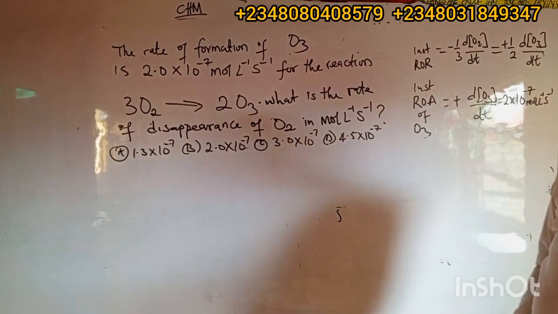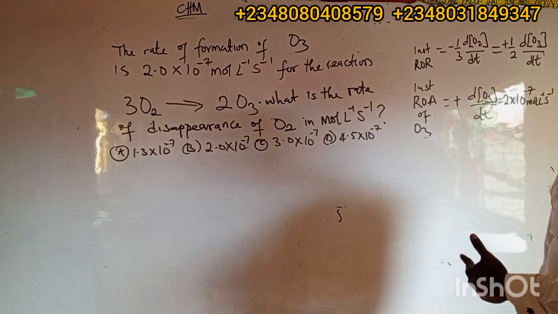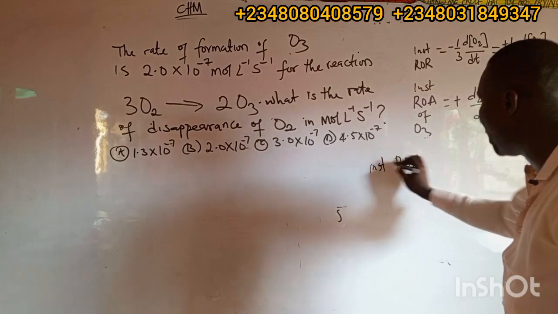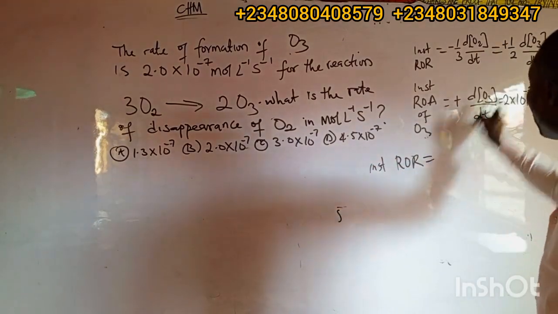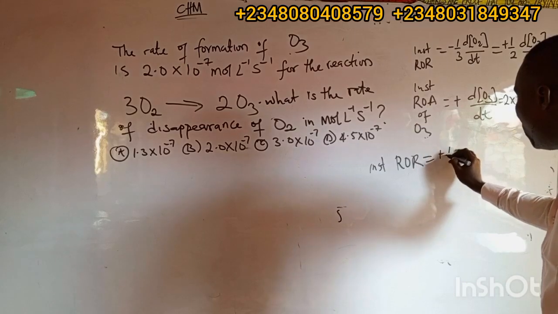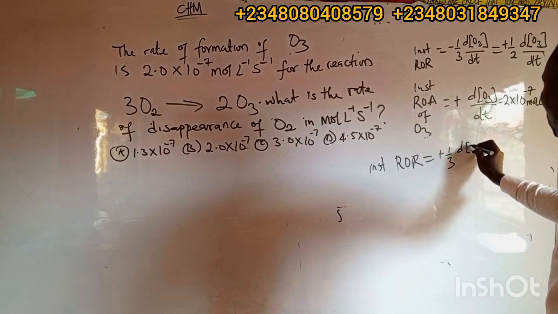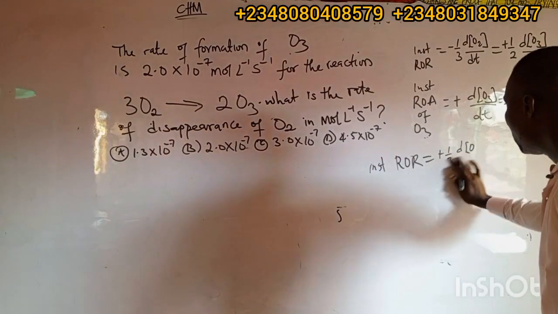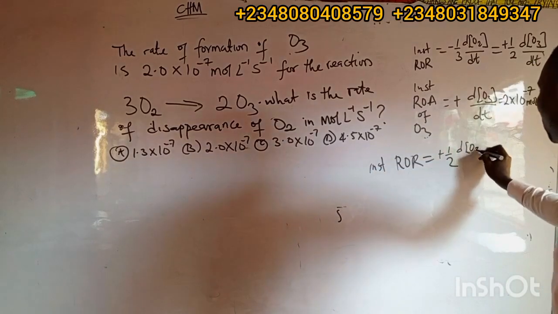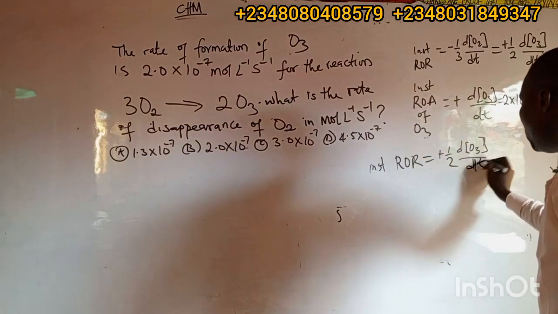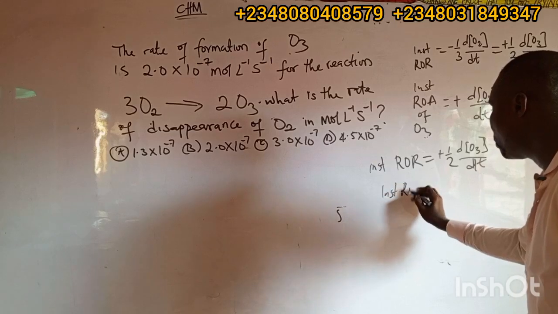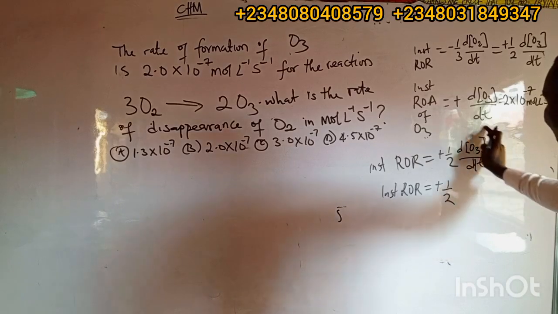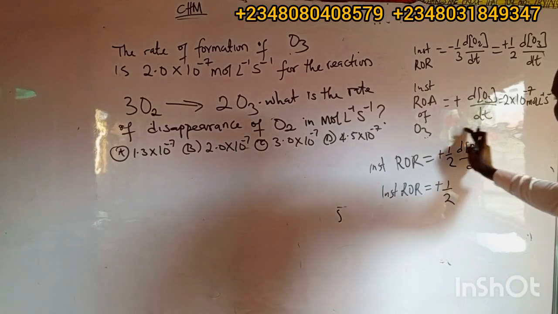From there, we can get the rate of reaction. The instantaneous rate of reaction equals plus 1 over 2 dO3/dt.